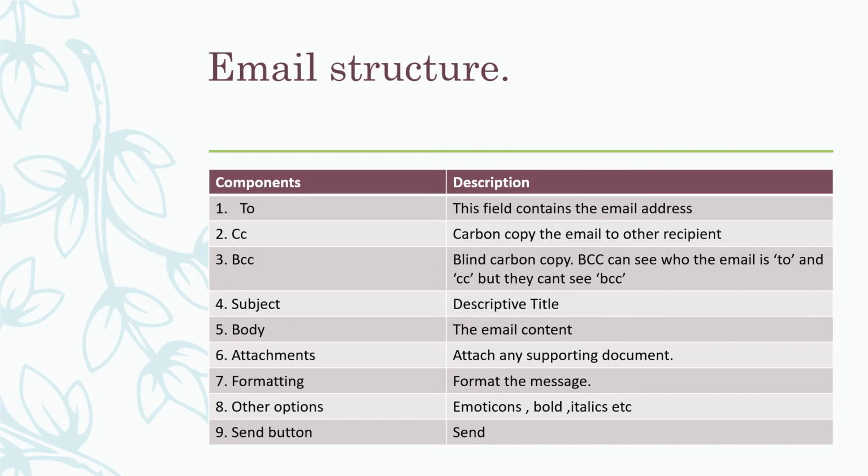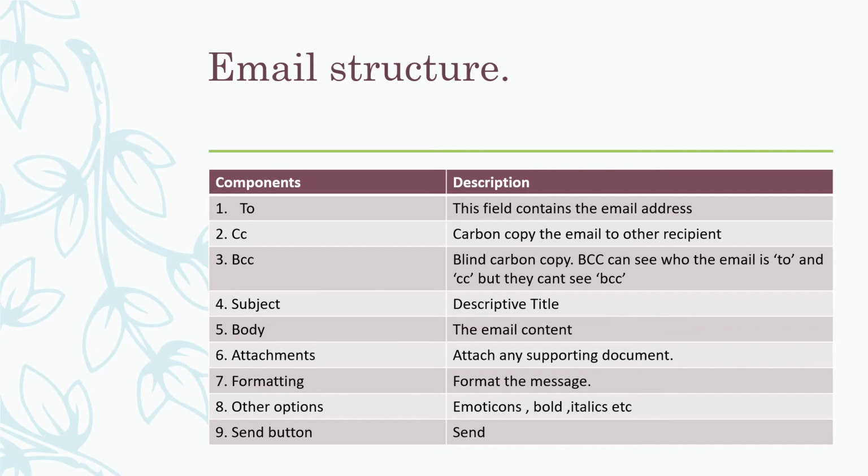Blind carbon copy refers to an email recipient who can see the recipient and carbon copy recipients, but none of them can see the BCC. This BCC recipient will be able to see where the email is headed, but all those original recipients will not be able to see that the BCC person is watching what is happening through the email conversation.